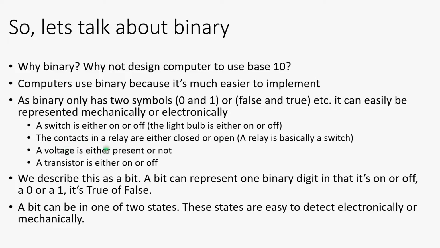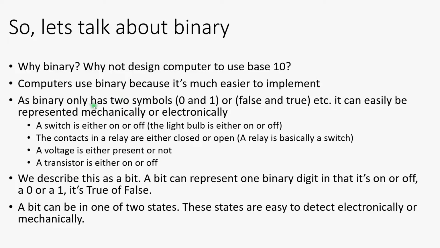A voltage is either present or not present. There's 5 volts here, I'm going to call that a 1. There's 0 volts, I'm going to call it a 0. A transistor is either on or off. These binary implementations are easy to do, where something's on or it's off. It's easy to do mechanically or electronically, so it makes designing the hardware simpler.